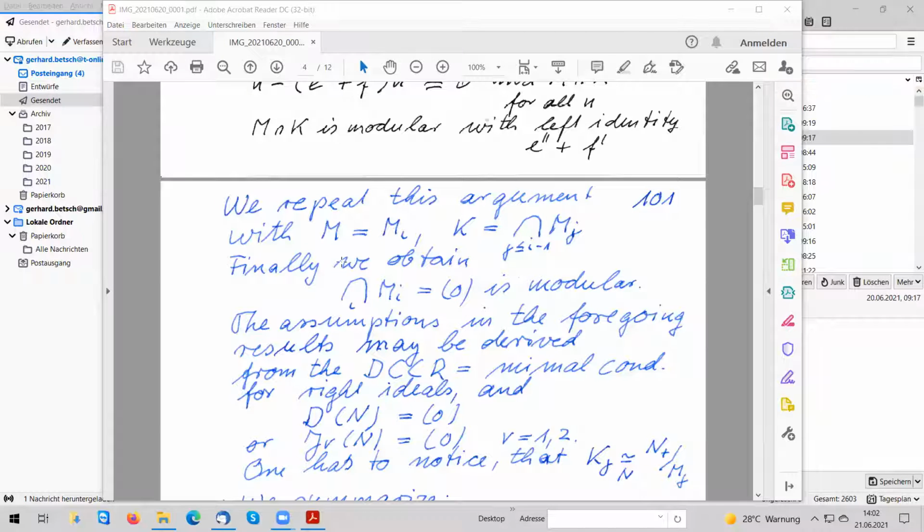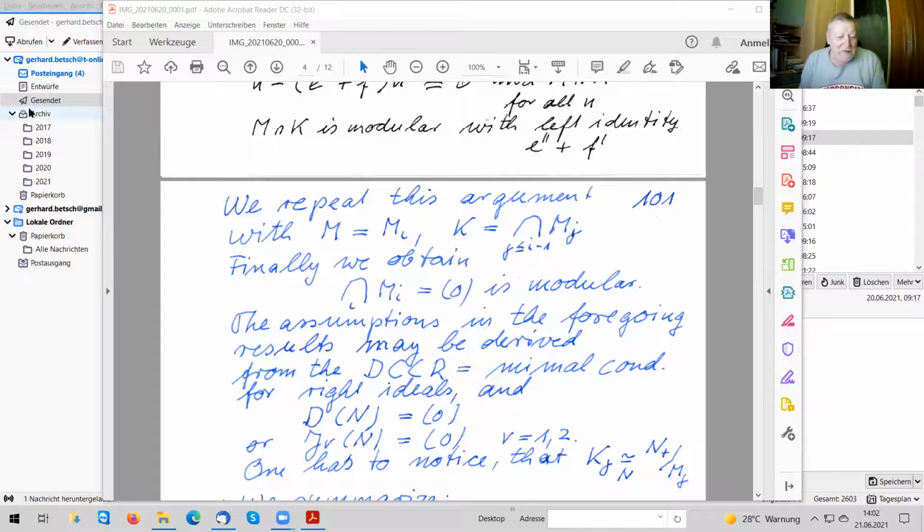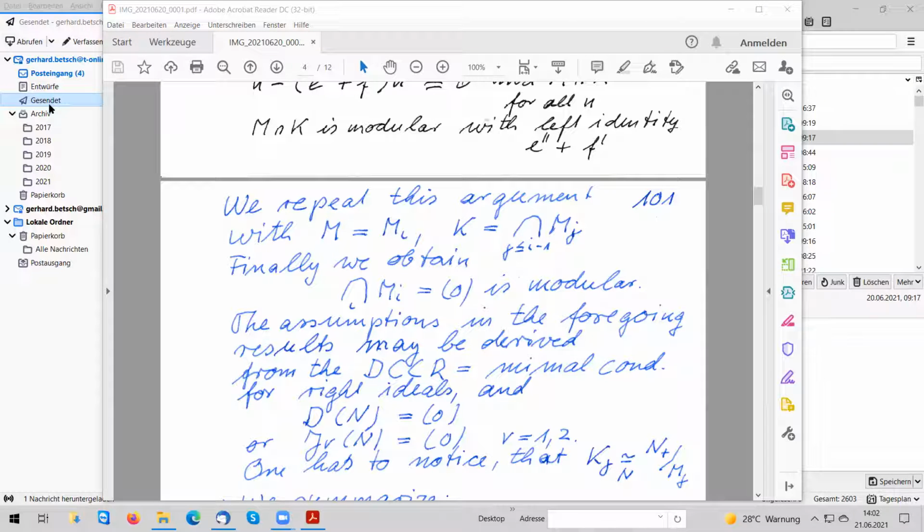That was it. Somehow I activated the Stummschalten. Yes. Which is disastrous. So I'm very sorry. That was the point where we started again, right?